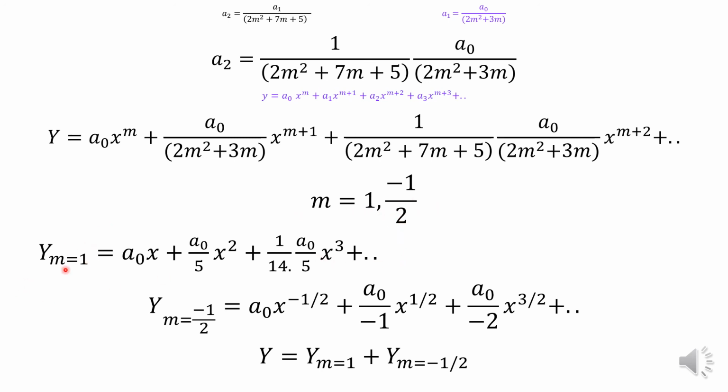So same thing we are writing: y for m is equal to 1 first of all, then m is equal to minus 1 by 2. So same thing we will put here, and the solution will be y is equal to y for m is equal to 1, plus y for m is equal to minus 1 by 2. So in this way, we will be finding the solution. Thank you.